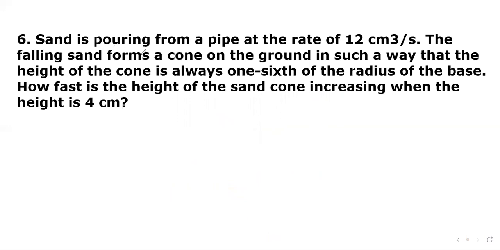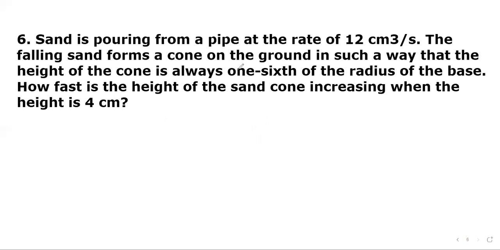Question 6. Sand is pouring from a pipe at the rate of 12 centimeter cube per second. The falling sand forms a cone on the ground in such a way that the height of the cone is always 1/6 of the radius of the base. How fast is the height of the sand cone increasing when the height is 4 centimeters?